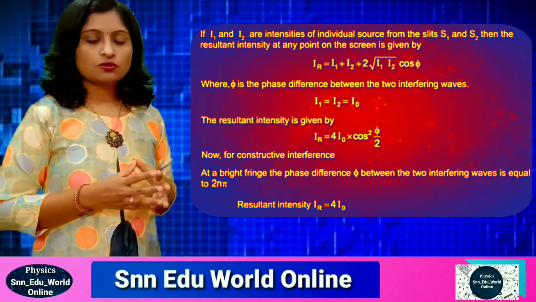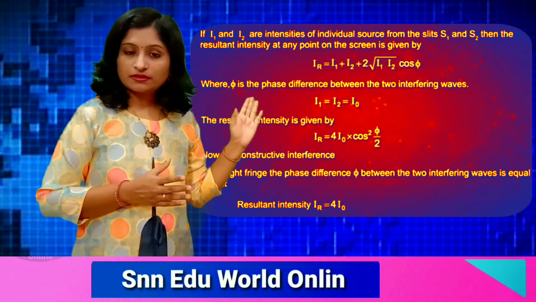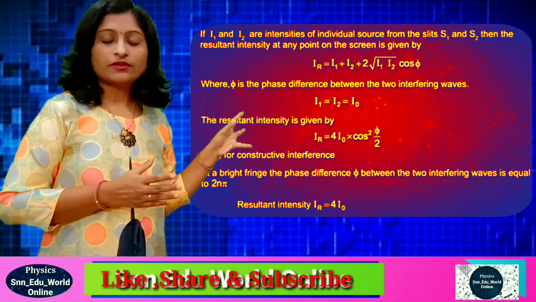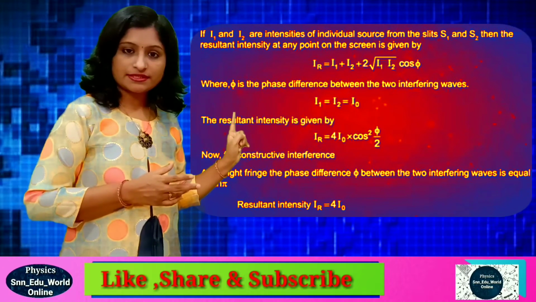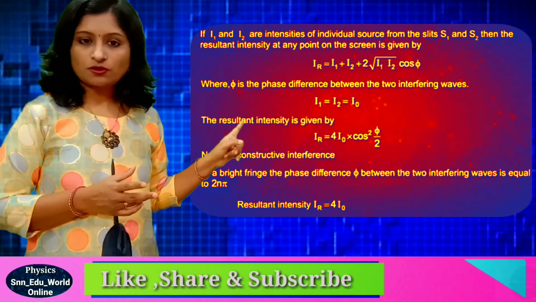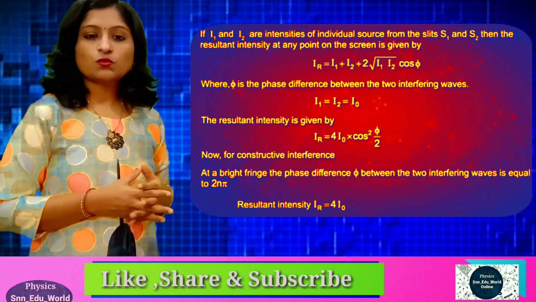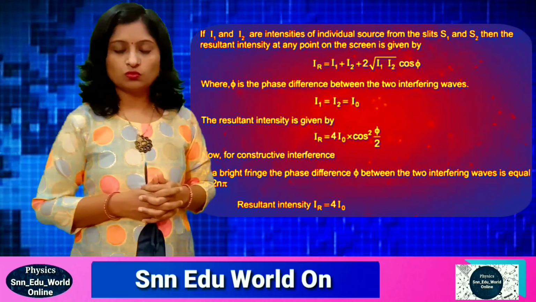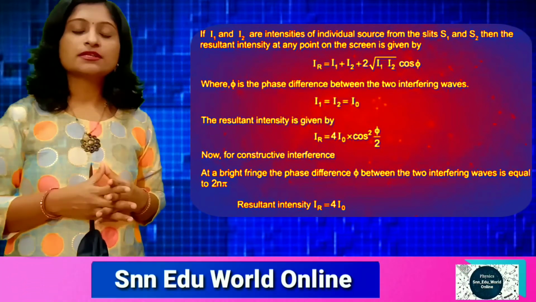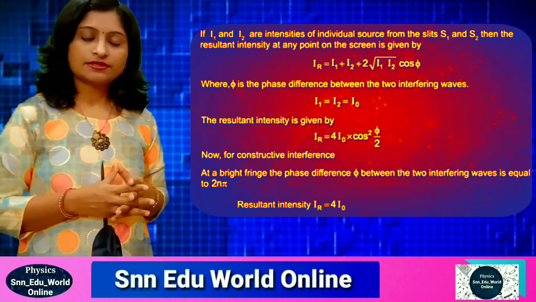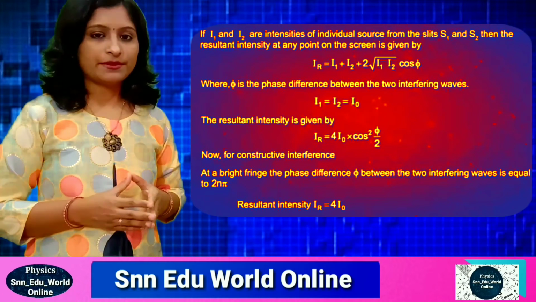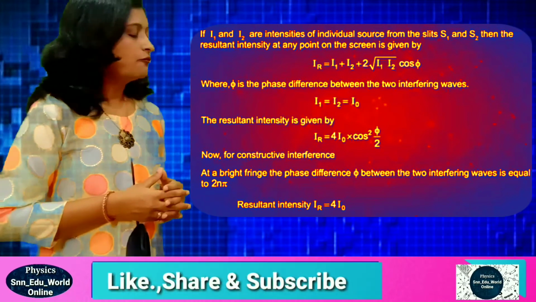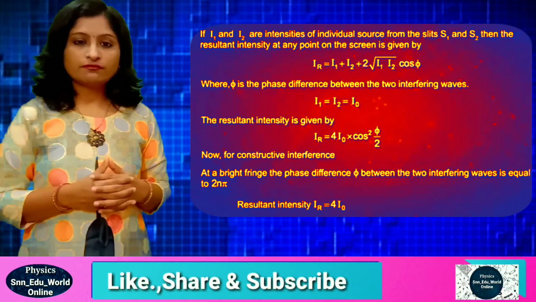Using this concept, we get the final answer: the resultant intensity IR is equal to 4I naught cos square phi by 2.